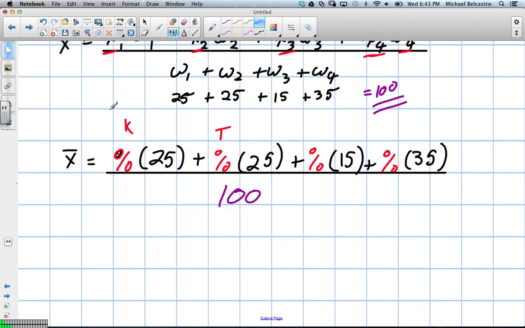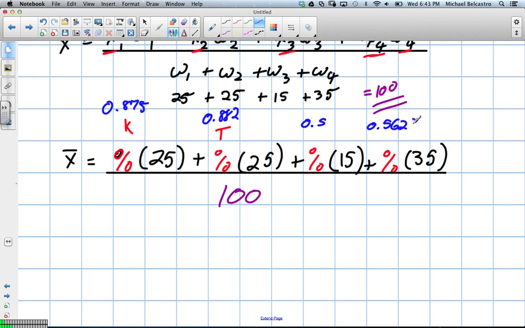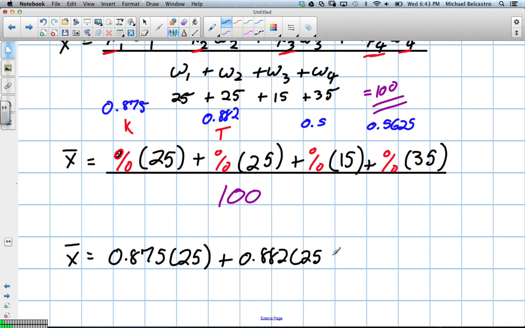So the first one was 0.875. This one was 0.882, 0.5, and 0.5625. So I'm actually going to write them all in black here. X bar is equal to the percentage on knowledge, 0.875 times the value of 25, plus 0.882 times 25, plus 0.5 times 15, plus 0.5625 times 35.